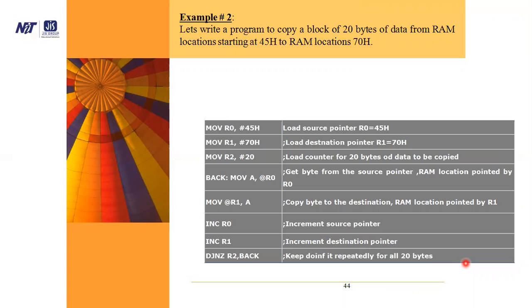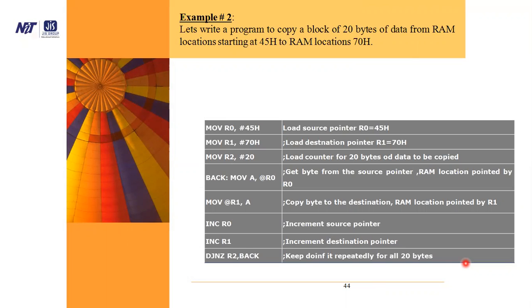MOV R2, #20, load counter for 20 bytes of data to be copied. BACK: MOV A, @R0, get byte from the source RAM location pointed to by R0. MOV @R1, A, copy byte to the destination RAM location pointed to by R1.